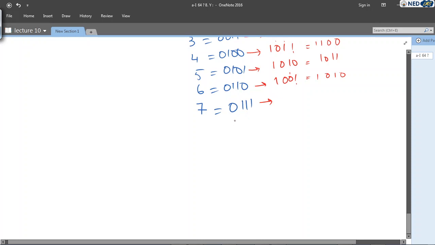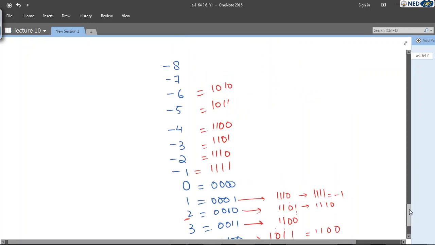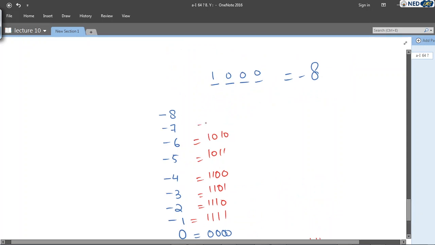So if I just keep on going, invert all bits, I get 1, 0, 0, 0. Add 1, I should get 1, 0, 0, 1.